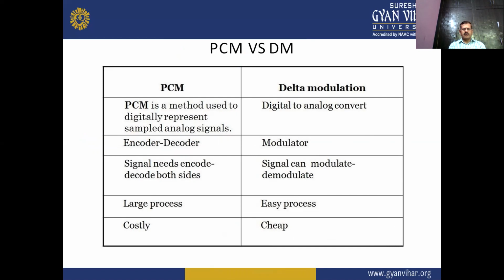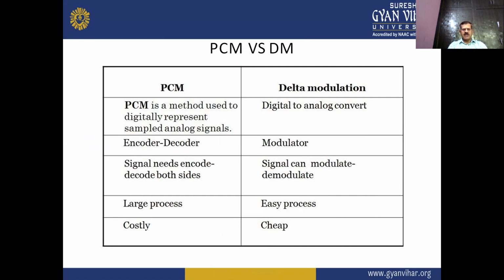And also PCM versus DM. PCM is a method used to digitally represent sampled analog signals. Delta modulation is analog to digital conversion.